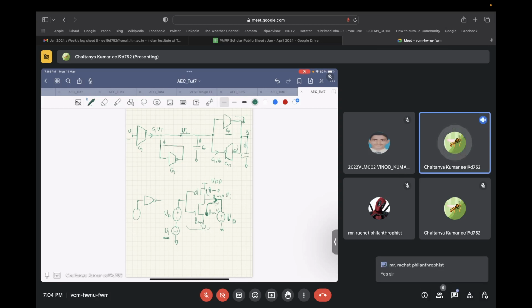So overall, the current that will be sunk from this voltage source will be GMN plus GMP times VI. Negative, so the current that will be sourced will be minus GMN plus GMP times VI, or the current that will be sunk will be plus GMN plus GMP times VI.